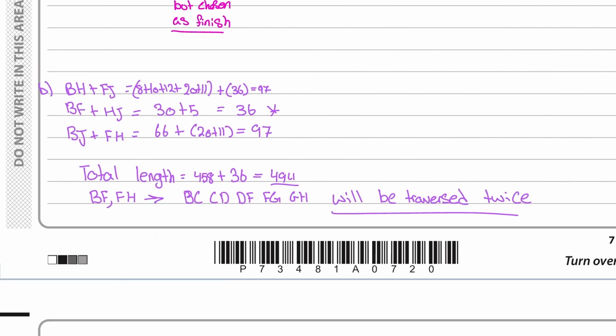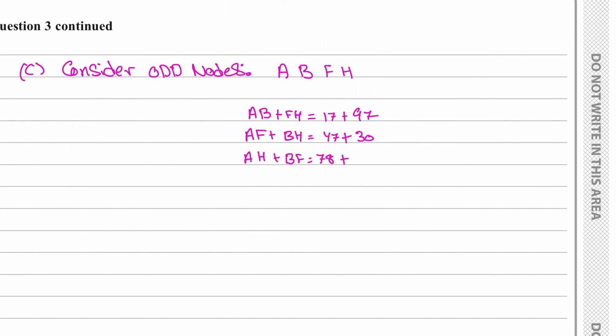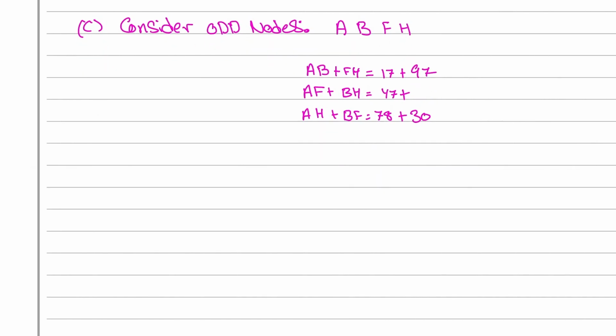Okay, I'm sorry. BH is not 30. BF is 30. BH was 8 plus 20, 30 plus 20 plus 11. So it's going to be 61.